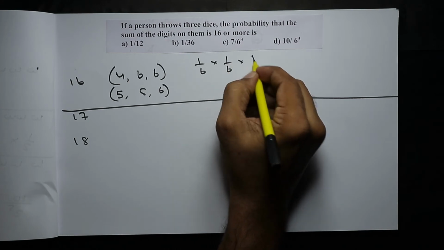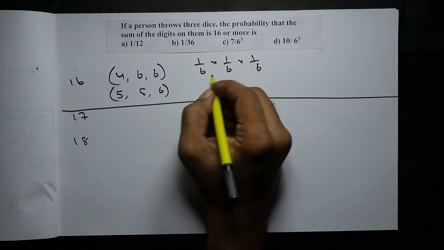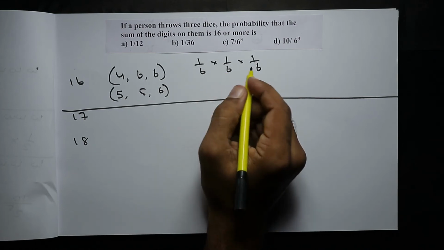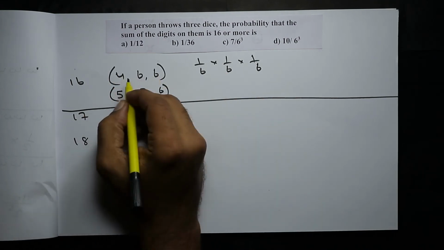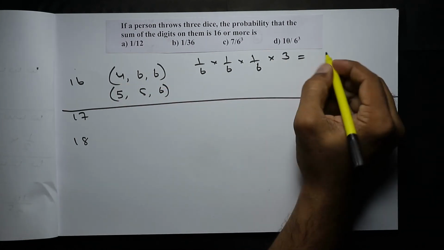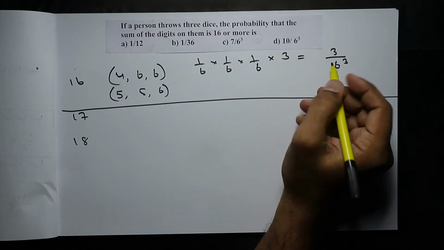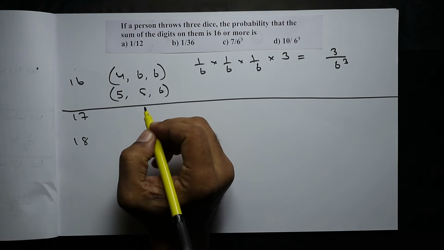And then you get a 6, that is 1 by 6. So 1 by 6 into 1 by 6 into 1 by 6, that is 1 by 6 cube. And these 3 of them can be interchanged among themselves in 3 ways. So the probability will be 3 by 6 cube. This is the probability of getting 4, 6 and 6.